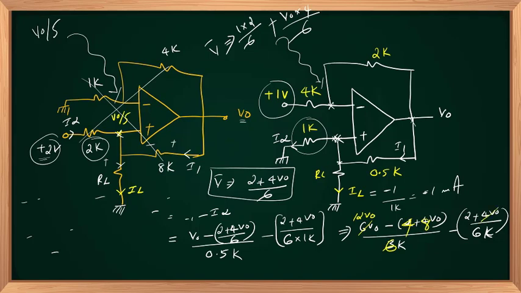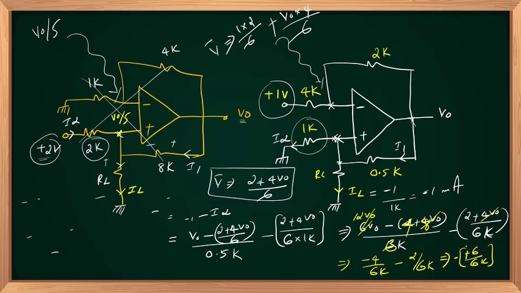The 4V out terms get cancelled. Then the remaining terms are minus 4 by 6K minus 2 by 6K. That's equal to minus 6 by 6K, with the positive sign inside.